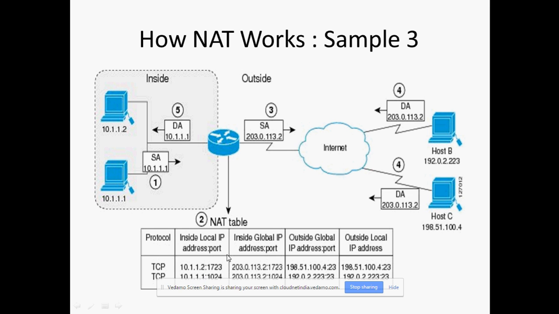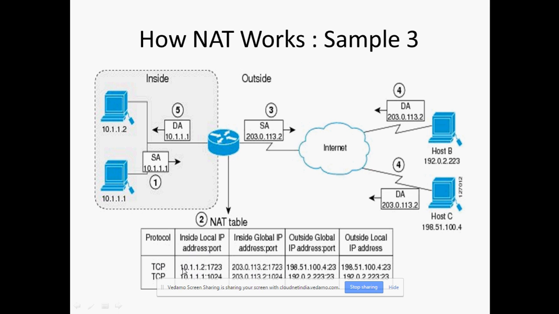The IP address used inside my local area network is called the inside local address. Now when the packet goes to the router, where NAT is enabled, they are going to map 10.1.1 to 203.0.113.2 for this computer, and another public address for this computer.